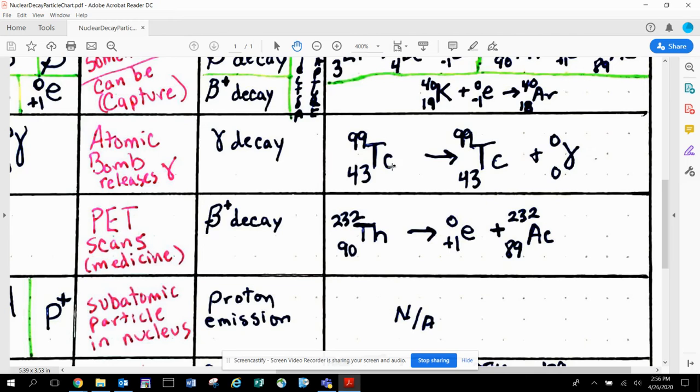So this is technetium-99, and it decays into technetium-99, but it gave off energy. So there's a little bit of a change inside the nucleus that can't be seen in this nuclear equation, but basically you start with the same isotope and end with the same isotope, but its rearrangement has released energy, and that energy is gamma radiation. Notice gamma radiation is 0, 0, meaning there's no positive particles and there's no nucleons involved.